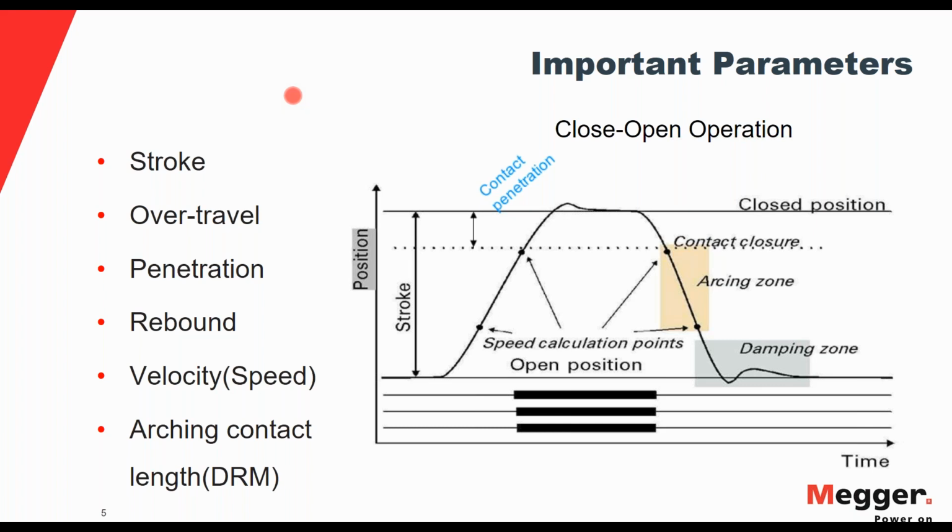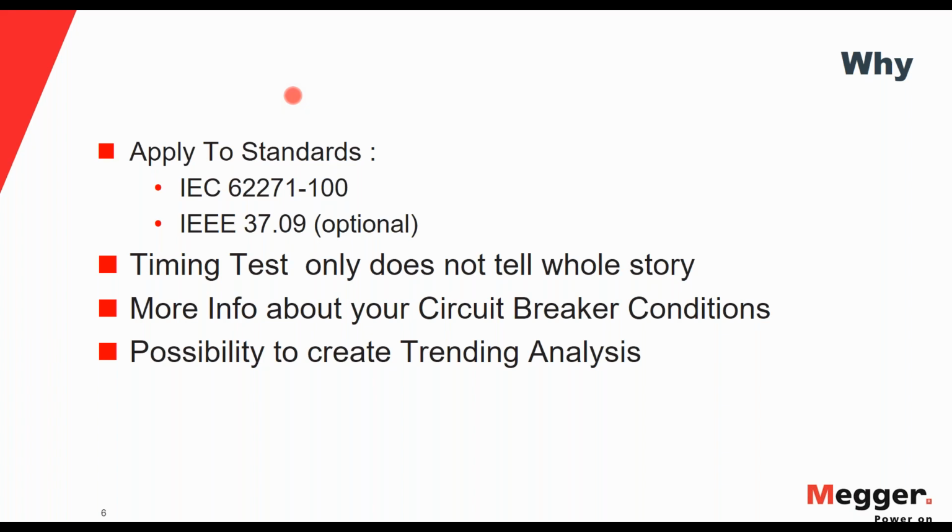And regarding why you should really do this test, it is not only because I'm telling you to do it, but also because the standards recommend doing this test. The IEC standard and also the IEEE standard list it as optional, but it is something really recommended. Another thing is that a timing test only, which is what is mainly commonly done, timing and contact resistance for circuit breakers, does not tell you everything about the breaker.